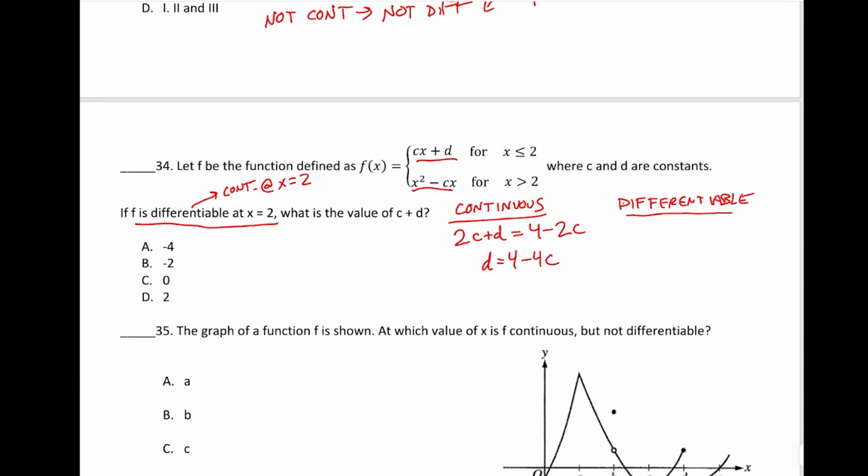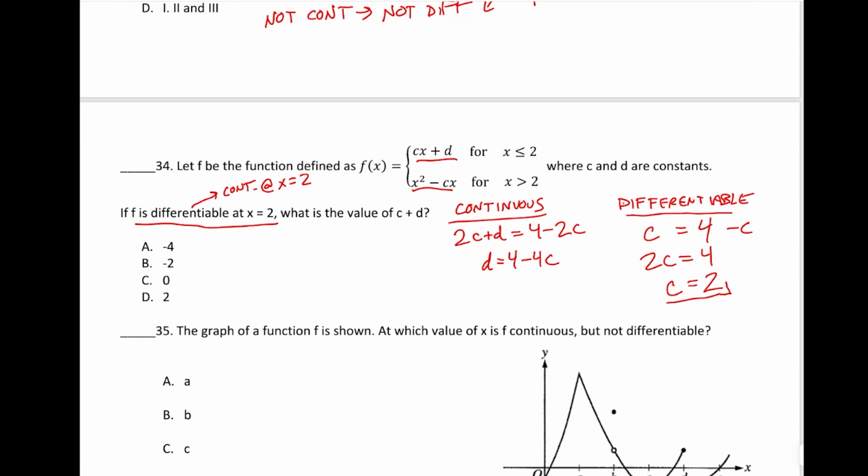The derivative of the first piece is just c. The derivative of the second piece is 2x minus c. So if I plug in 2 for x, 2 times 2 is 4. So if c equals 4 minus c, and I add c to both sides, I get 2c equals 4. Divide both sides by 2, I get c equals 2.